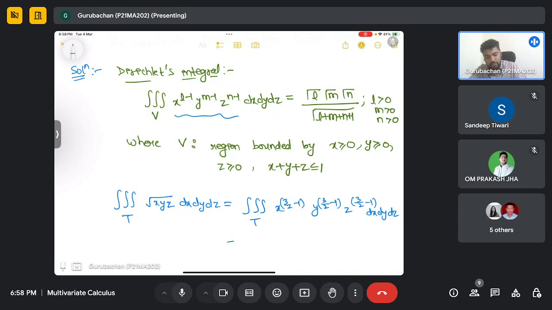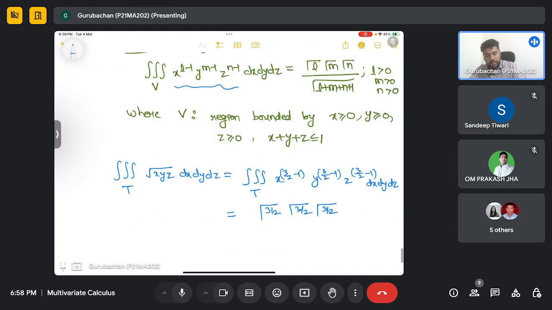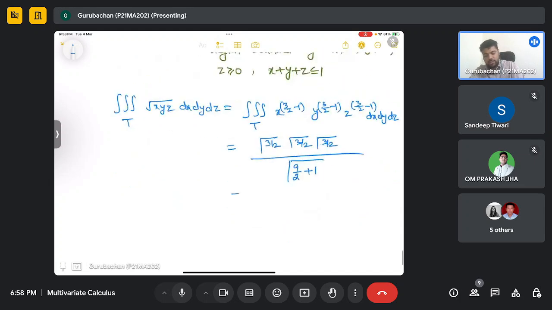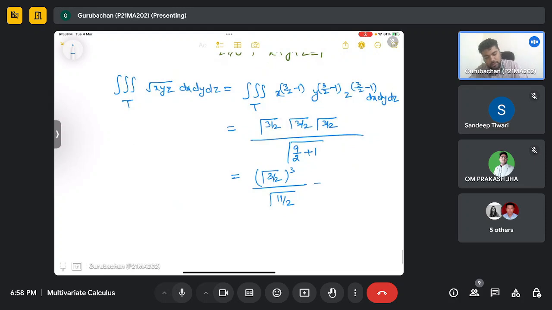Now by Dirichlet theorem, we can say that it is gamma of 3 by 2, gamma of 3 by 2, gamma of 3 by 2, divided by gamma of the sum of these three plus 1, that is 9 by 2 plus 1. So this will give us gamma of 3 by 2 cubed divided by gamma of 11 by 2. Gamma of 3 by 2 is 1 by 2 into gamma of half, and gamma of half is under root pi.